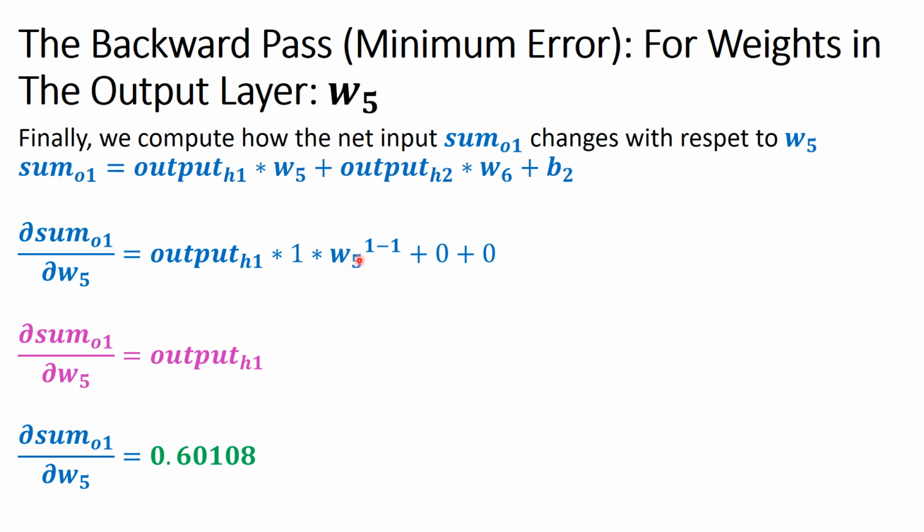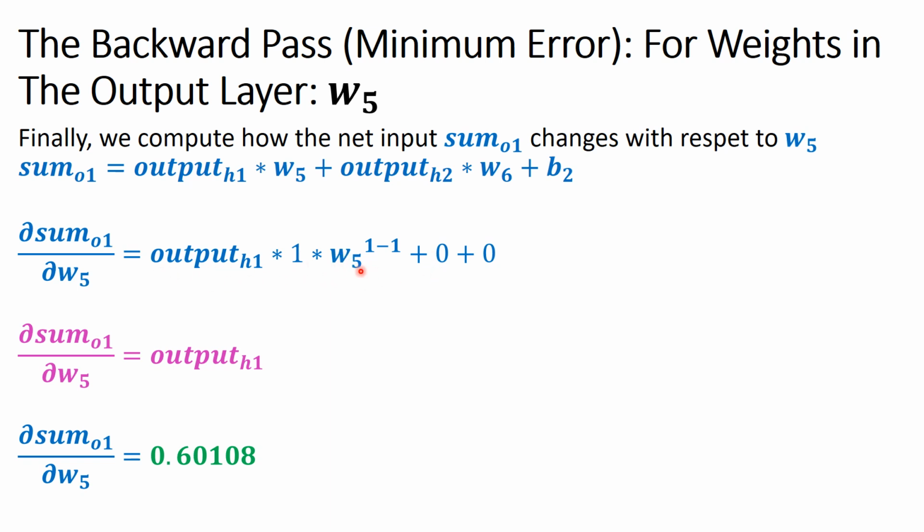W5 هنا المشتقة لها، بما إنها مرفوعة للأس 1، هيكون عندك 1 ناقص 1 تضرب هنا في 1، ده هيكون كأنه معامل. والحد اللي مفيهوش W5 معناه إنه ثابت بالنسبة لـ W5 ما بيأثر عليه، إذن هيكون التغيير فيه بصفر، وكذلك البايز ما بيأثر على W5، فالتغيير فيه بصفر. هيظهر لنا الحد الأول ودي المشتقة له.